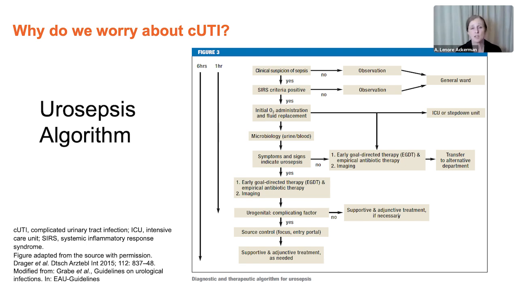These are the patients in which that can be really, really scary and they have a much higher risk. So there are some good guidelines on how we should approach these patients that come from the EAU, the European Association of Urology, and they can kind of help you through how to approach the patient with a complicated UTI. Next slide.